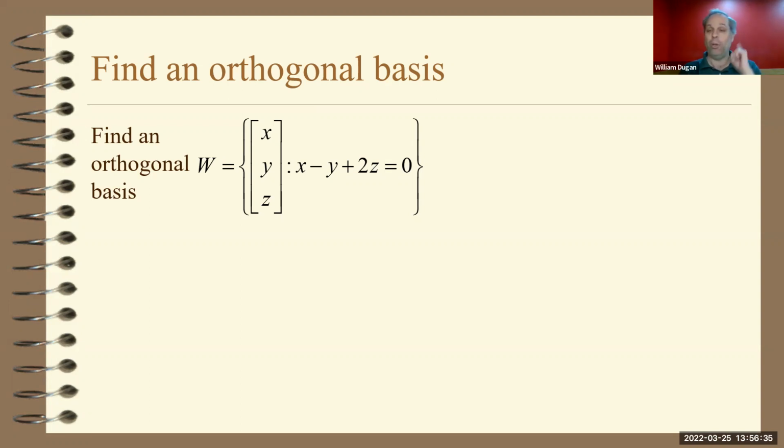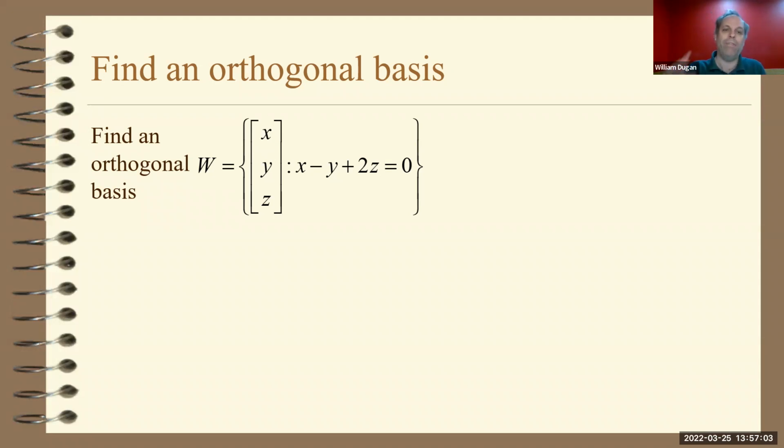So I'm going to do it once where I talk out the reasoning behind finding an orthogonal basis for this particular subspace in R3, but restricting myself to only using what you know as of right now. In another video, next class, I'll be able to come back and do this much faster. I'll get a different answer, but it'll be much faster to compute.